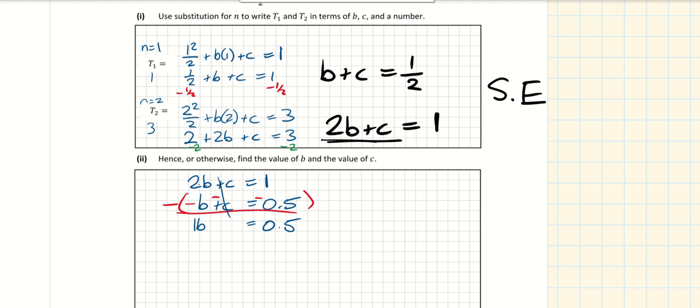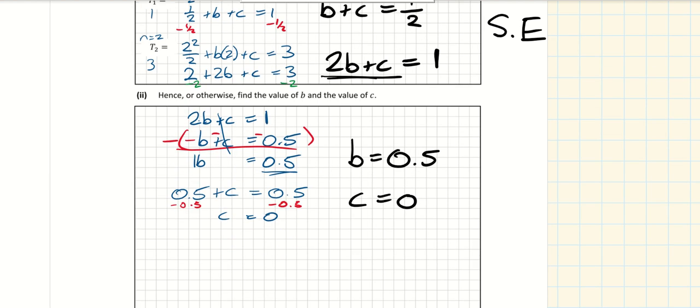Okay, so we're left with b is 0.5, and now we can just take b plus c and sub back in. We can put 0.5, so that's our b. 0.5 plus c equals 0.5. Now, very clearly, when you minus 0.5 from each side, you'll be left with c equals 0. Okay, so we've got b equals 0.5, c equals 0.